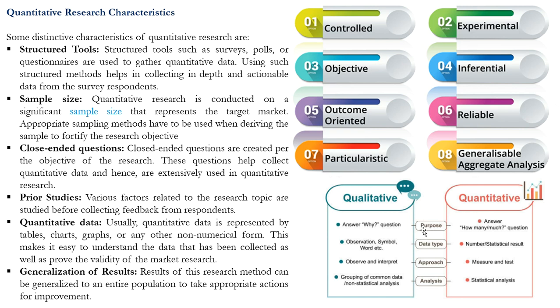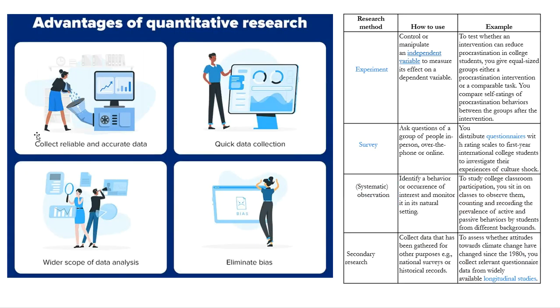Before going to the analysis, we first generalize the results based on purpose, data type, approach, and analysis. Then you must decide where to apply qualitative. When you are planning to apply quantitative, this kind of environment comes, and the answer will come. Okay.